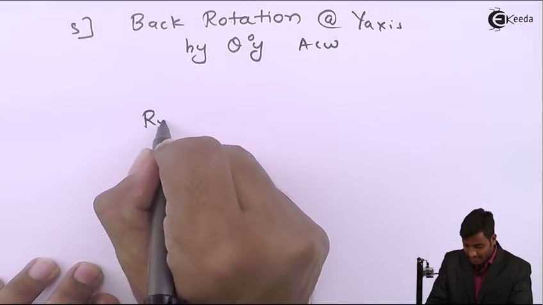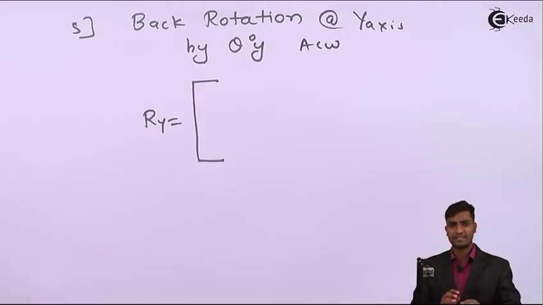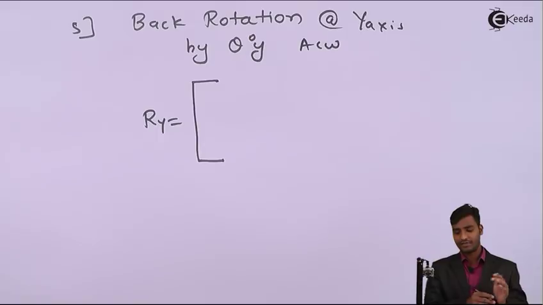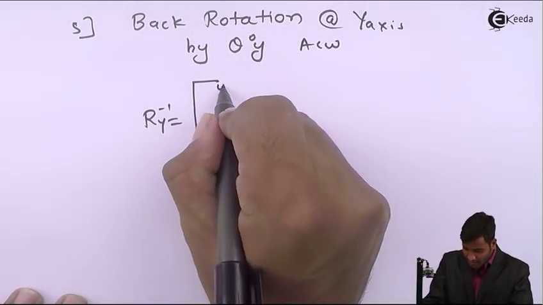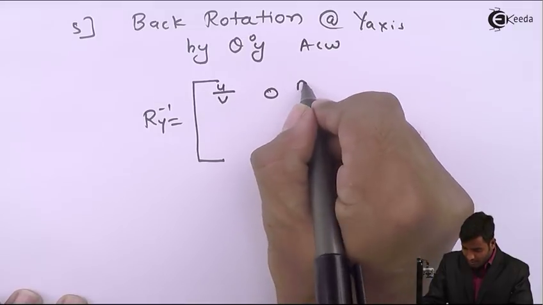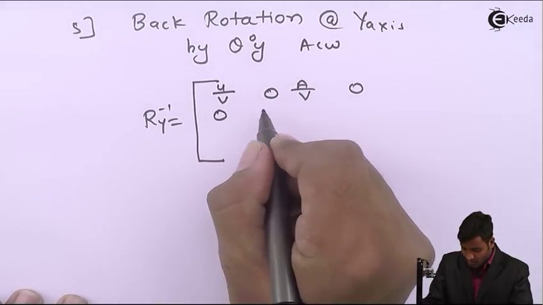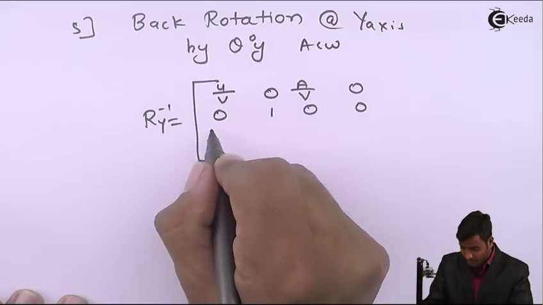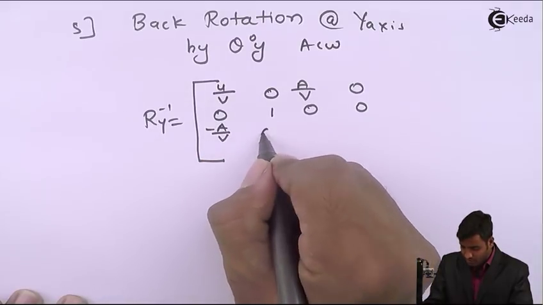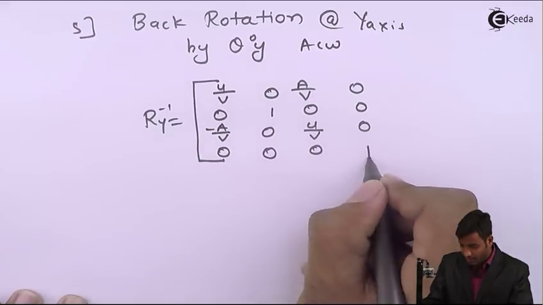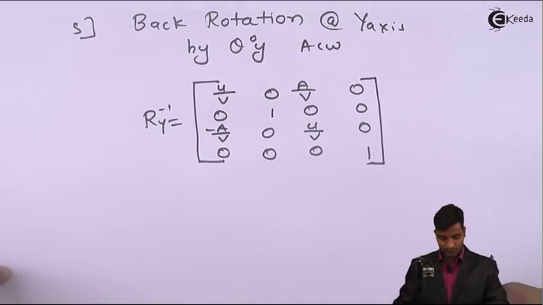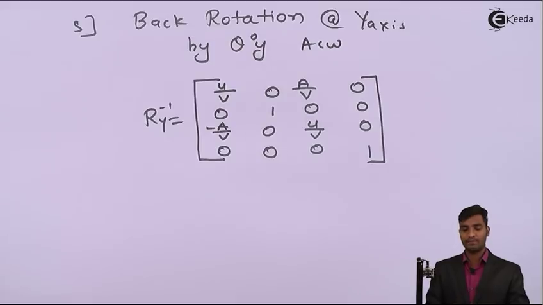So for the standard matrix, we just take the inverse of what we did before. So I will write Ry inverse. It will be u by v, 0, a by v, 0; 0, 1, 0, 0; minus a by v, 0, u by v, 0; 0, 0, 0, 1. So this is the matrix for back rotation.